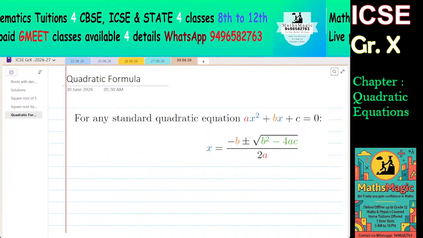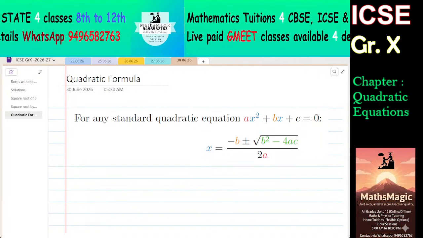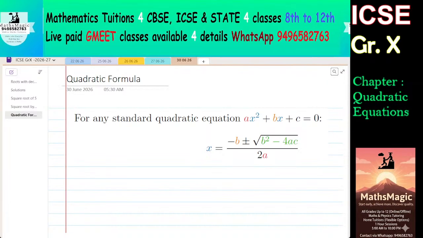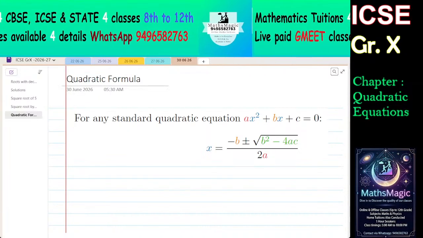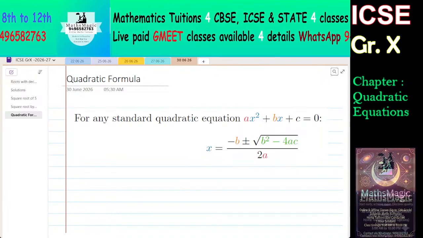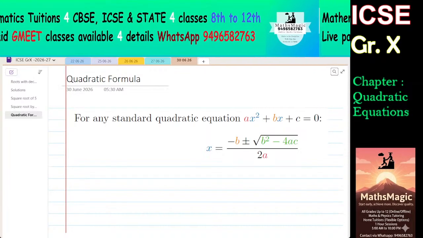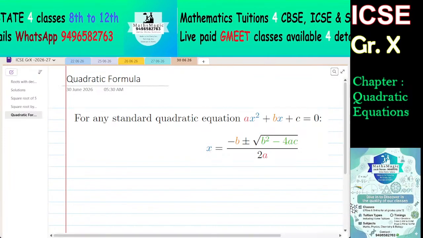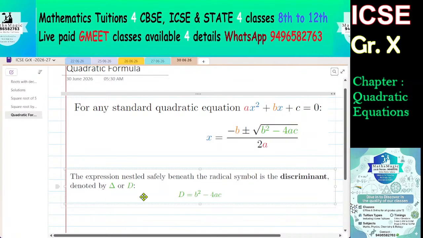And b squared minus 4ac equal to 0 gives identical solutions. Just to have it revised, the discriminant is delta or D, as b squared minus 4ac. I'll put that on the board also. It's called the discriminant.